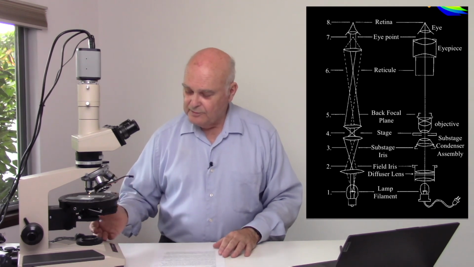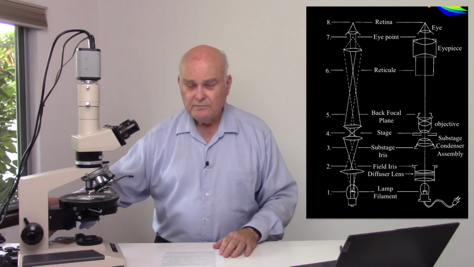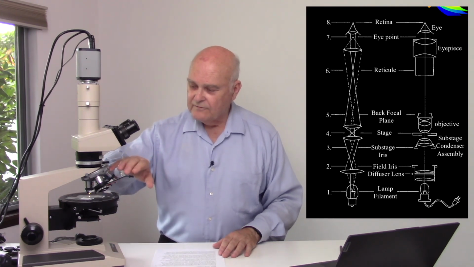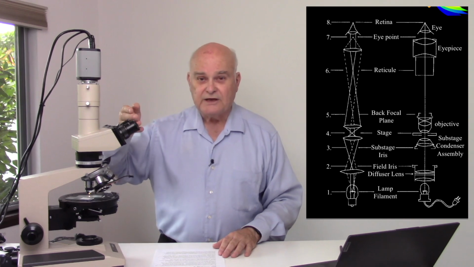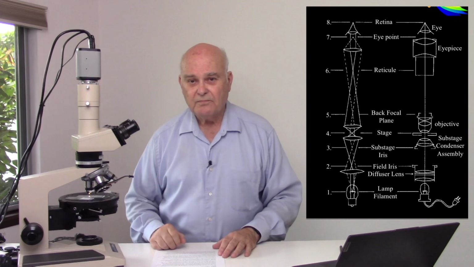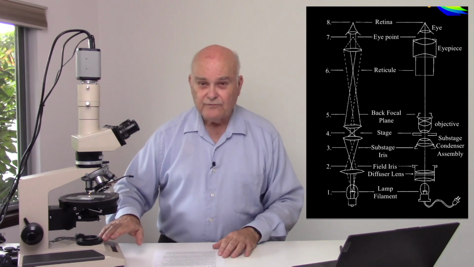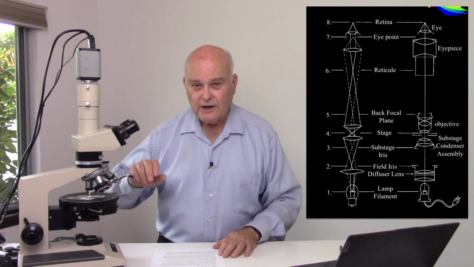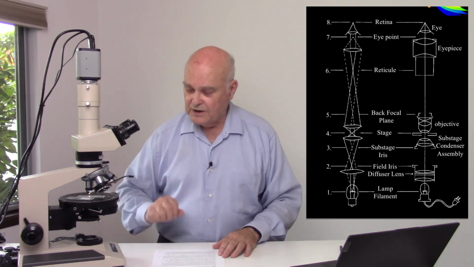So with Kohler illumination, plane 1, plane 3, plane 5, and the eye point, plane 7, are all confocal. Plane 2, the field iris, is in focus around the particle that we're looking at on the stage. That's plane 4.